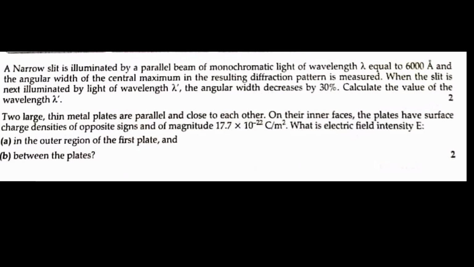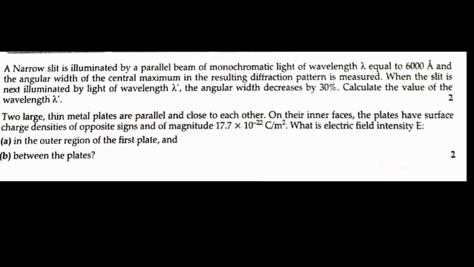So here what is given? Here we can see that a narrow slit is illuminated by a monochromatic light which has a wavelength equal to 6000 angstrom. We can represent the wavelength as lambda, and the angular width of the central maximum we can measure.